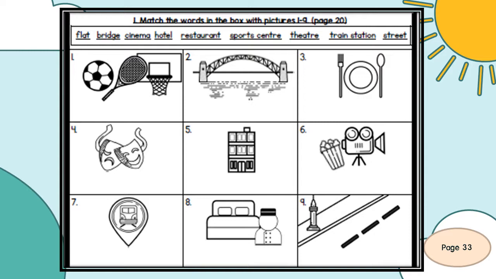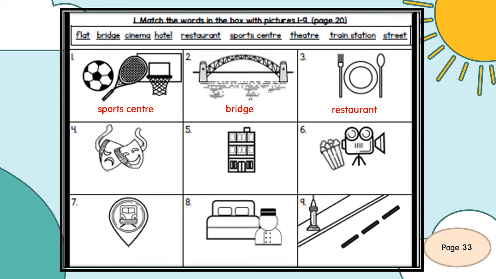Now, look at the pictures. Can you guess what is number 1? Sports center. Number 2, bridge. Number 3, restaurant.